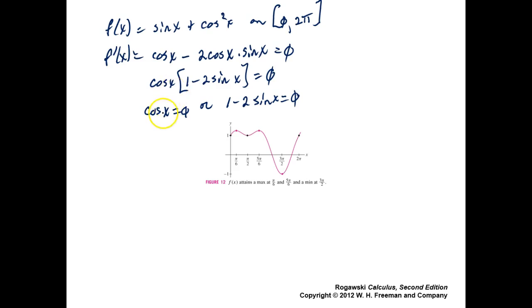Well, what values of x between 0 and 2 pi, where do you find your cosine to be 0? Usually you do cosines of angles.